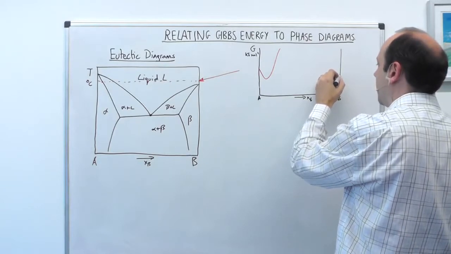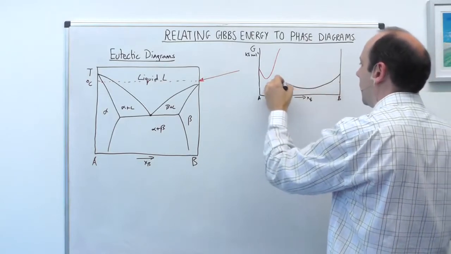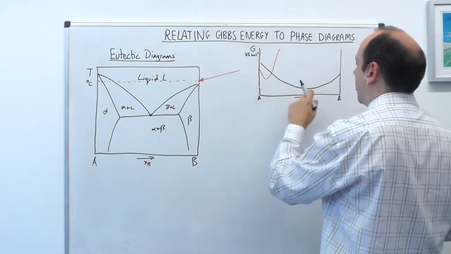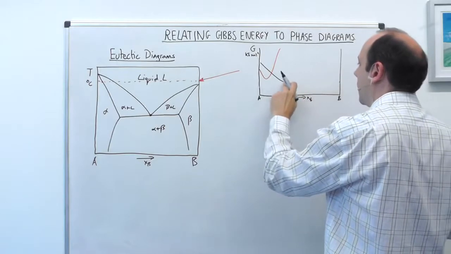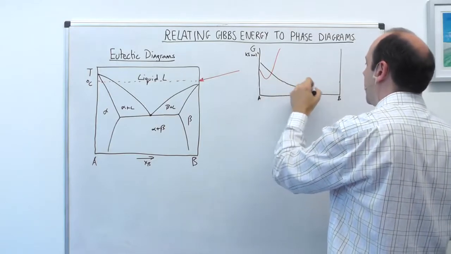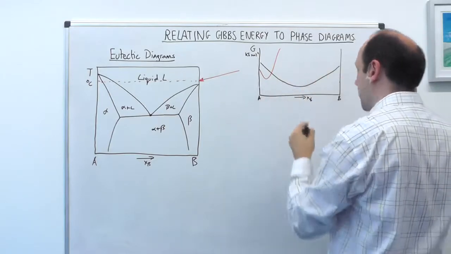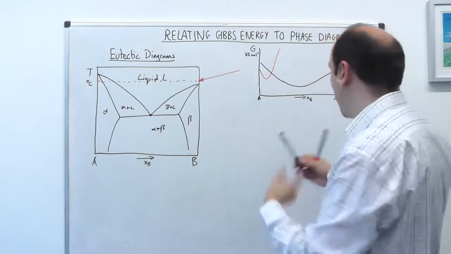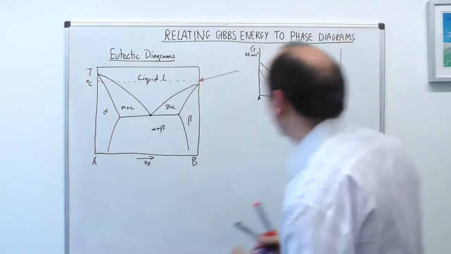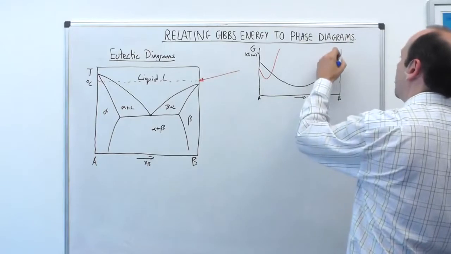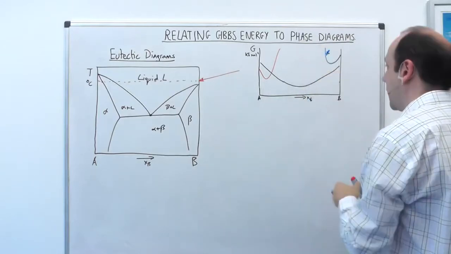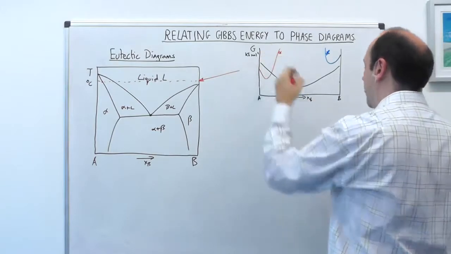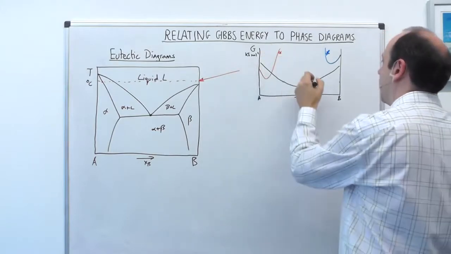So it'll do something a bit like this, well, probably a bit more like this, say. And then we'll have a beta phase. Let's have a third color for the beta phase, and that'll never be the lowest energy phase, so it must be somewhere like that. So that's our beta phase, that's our alpha phase, and that's our liquid phase.